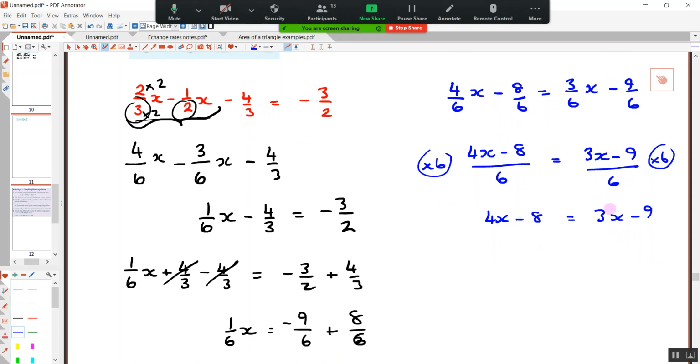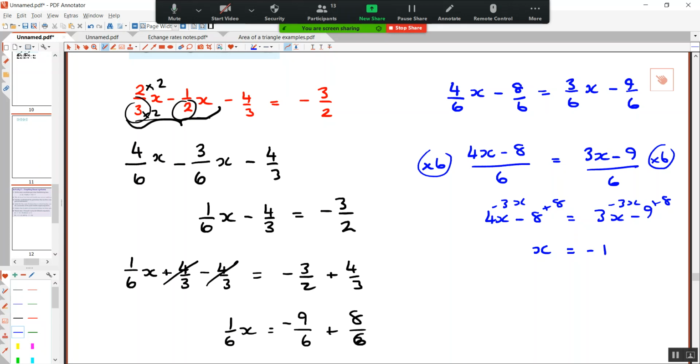And then I subtracted the 3x and I added the 8, and that gave me 1x is equal to -1. So I did the same process. Really, it's the same sort of stuff, but maybe in a different order, but it gives us another way to do it. Okay. So those of you that were not quite sure, does that clear things up a little bit, maybe?